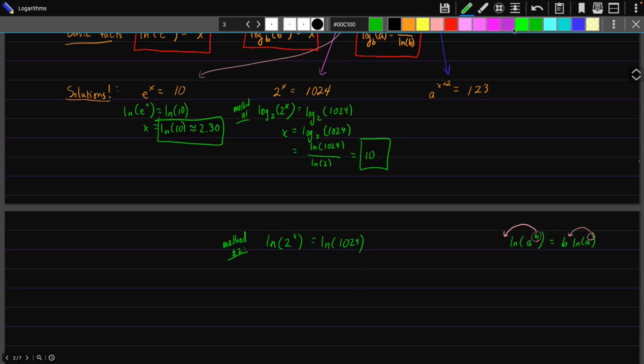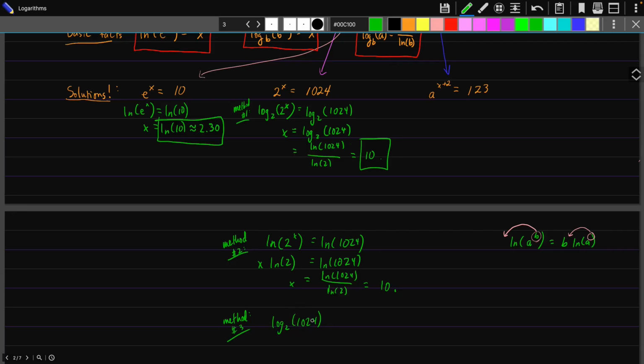So in this case, that's going to tell me that ln of 2 to the x is x ln of 2. And that's equal to ln of 1024, and therefore x is equal to ln of 1024 all over ln of 2. And that's exactly the same formula that we had previously. It's equal to 10. I'll go ahead and give you a third method if you're comfortable with it, which is that you can actually compute log base 2 of 1024 directly if you're comfortable with logarithms.